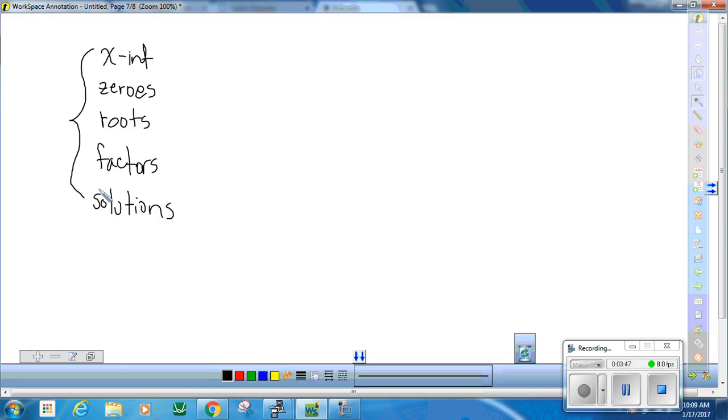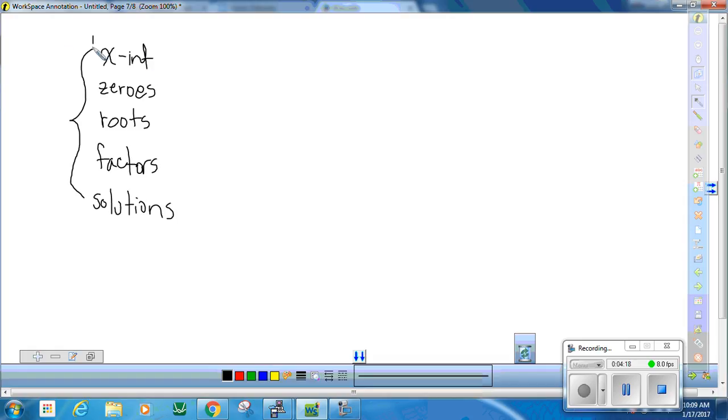So there are words that we use in different contexts when we are talking about different things, but when it comes down to the actual math of it all, they all are talking about the same numbers, which means that if I want to find the x-intercepts of a graph, I can factor to do that. If I want to find the x-intercepts, it's the same thing as the zeros, so I can use my calculator to find the zeros. If I know the solutions, then I know the x-intercepts. They're all interchangeable, and we're going to see that a lot next unit as well. That's going to be a big deal.